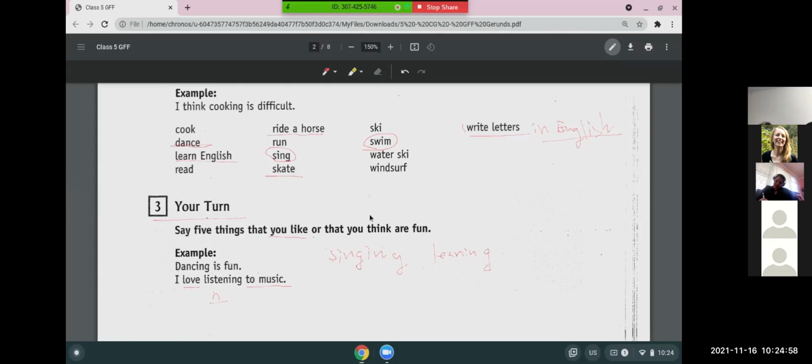Some verbs like listen need extra information, so we have to include the preposition to, listening to music, but play does not require that extra information. Okay, so no need. I love playing music. I like playing piano music. Very good.